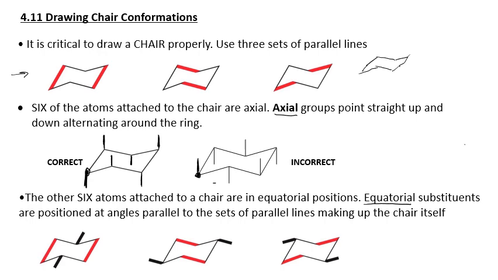Now the next set of substituents are equatorial. So equatorial substituents are positioned at angles parallel to the set of parallel lines that you've made. So you can start really wherever you had an axial there. So let's put our axials in.